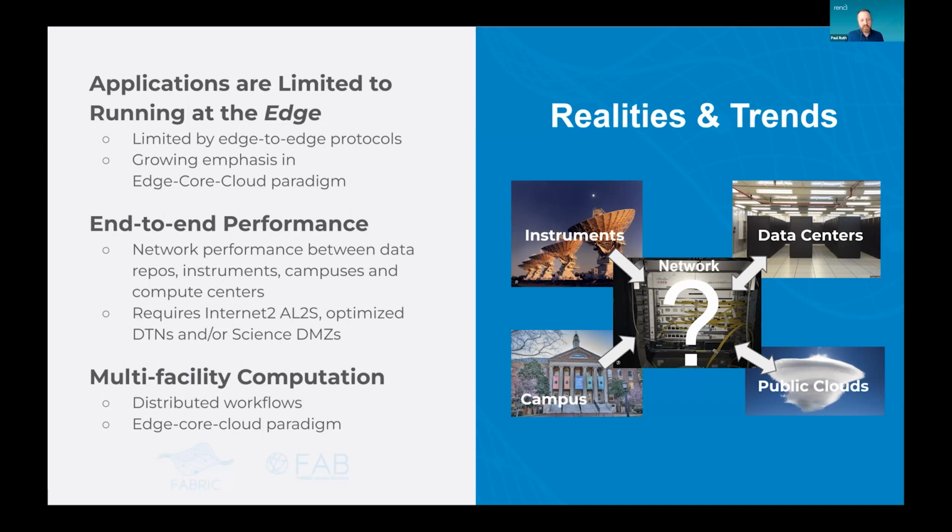Another way to view this is that there are processing capabilities in all these instruments and data centers and public clouds and campuses. They all exist there and they've been there for a while and people use them, but we don't have them in the core of the network. And this is a limitation imposed on all of us. So next slide.